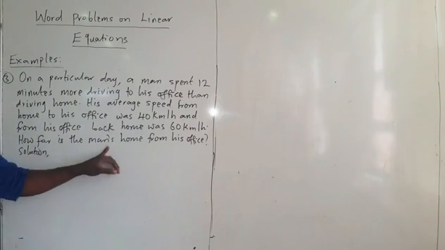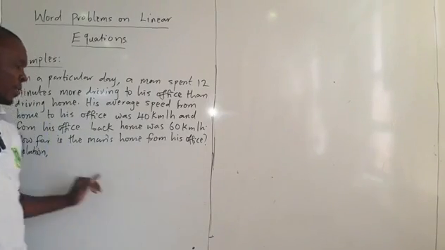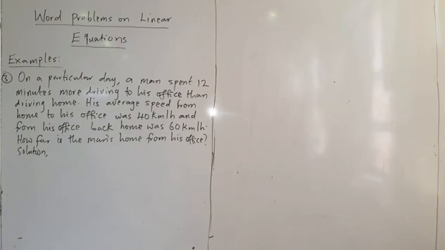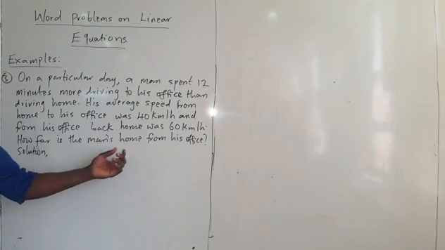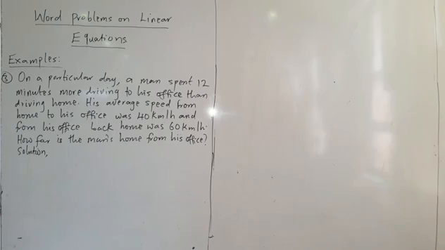How far is the man's home from his office? If you look at the question, what we're looking for is the distance, that is the distance from office to home or from home to office. Definitely we must have the same distance. It means the distance from Lagos to Ibadan or from Ibadan to Lagos is the same.